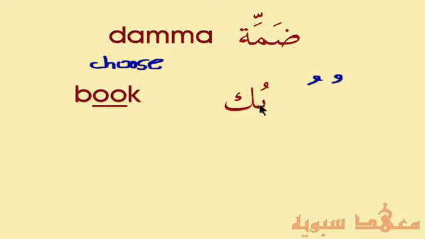We have here the ba with a dhamma, followed by the kaf, which has the k sound. So here it's pronounced as book. This letter alone with the dhamma would be bu. Similarly, we have the word in English put. It's put. So there's a u sound. That represents the sound that a dhamma makes.